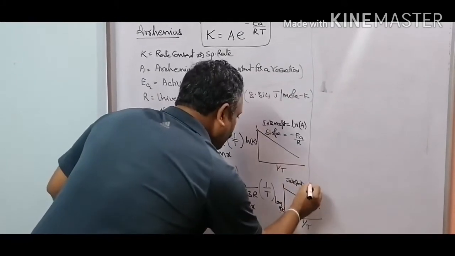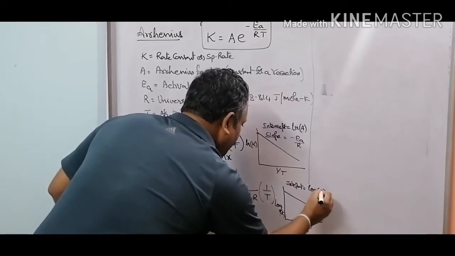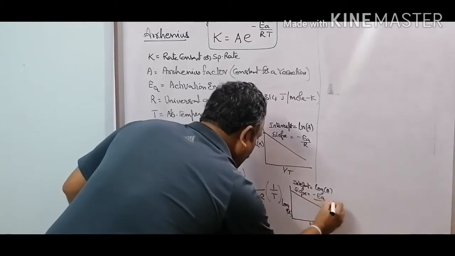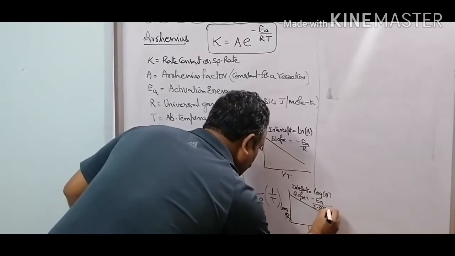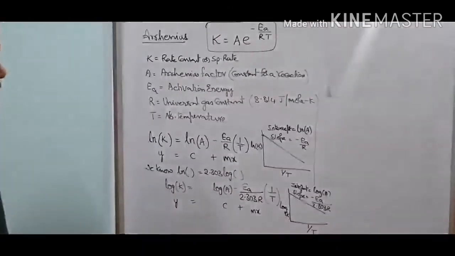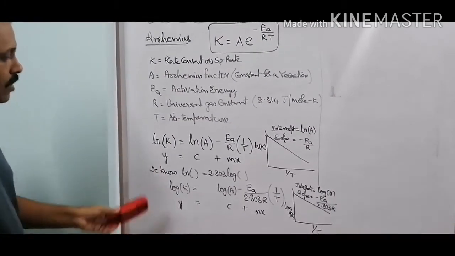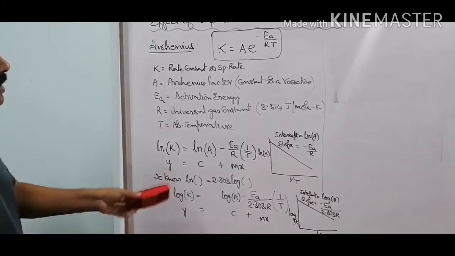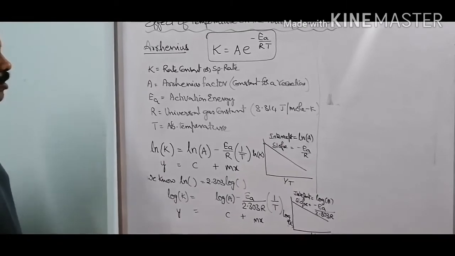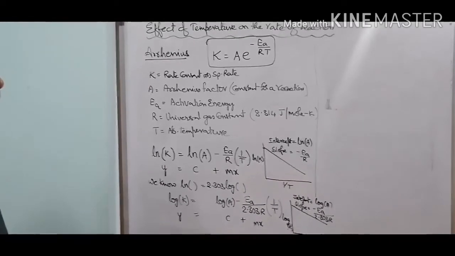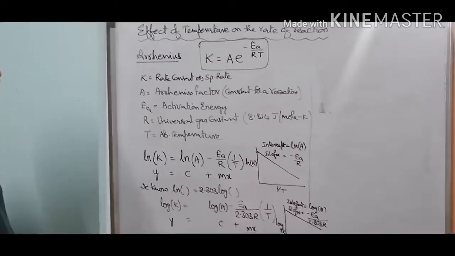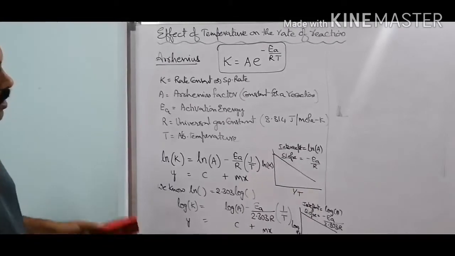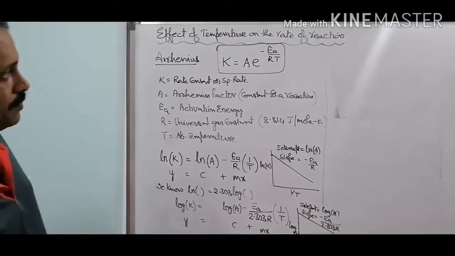Intercept is log of A, and the slope is minus of EA by 2.303 R. Okay, so this is the numeric formula we try to use to solve numericals related to a change in temperature with rate constant. How rate constant varies with temperature. But suppose if there are two different temperatures mentioned in the question, then how does this relation change?